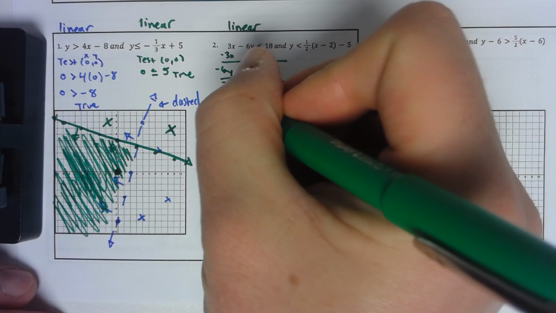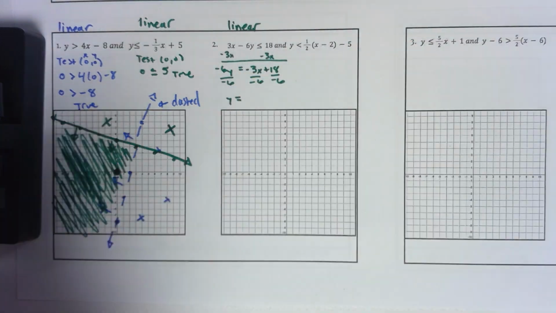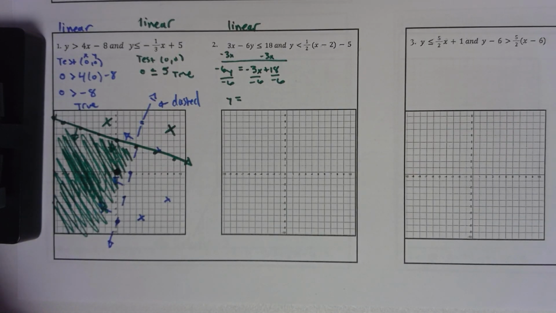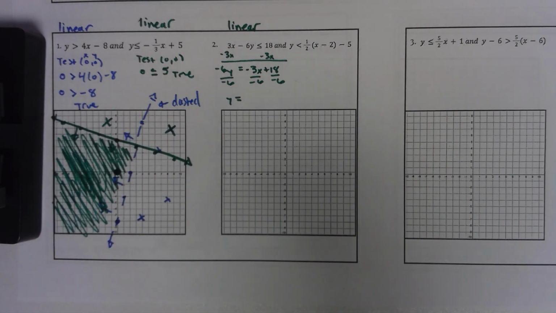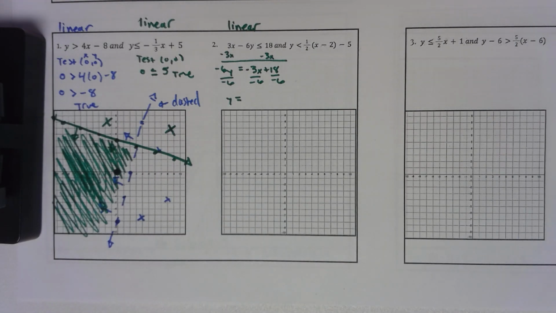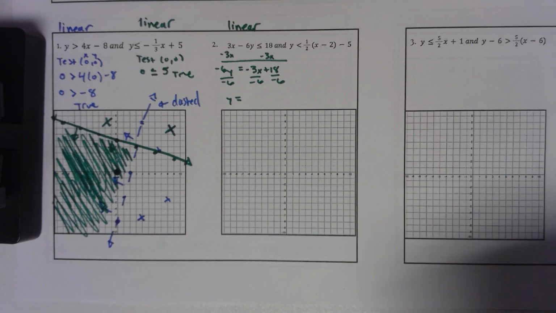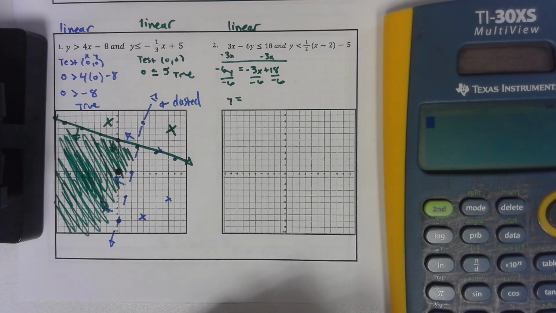Making the equation y equals negative 3 divided by negative 6. Remember on the calculator, this is the one thing that I would have you all reduce down, and I'll continue to show us how to do that. So negative 3 divided by negative 6.